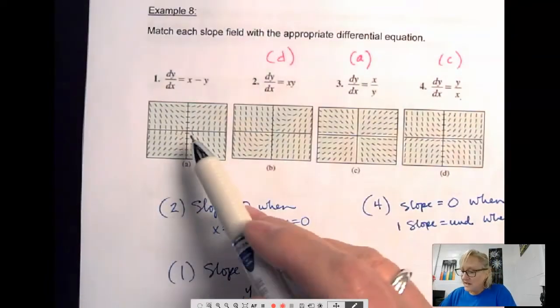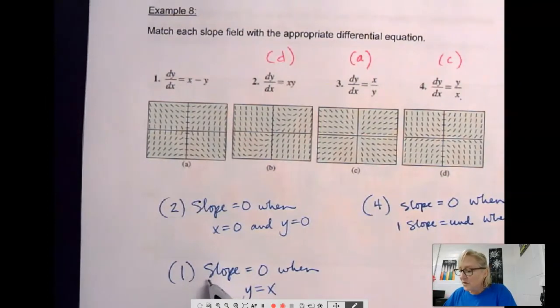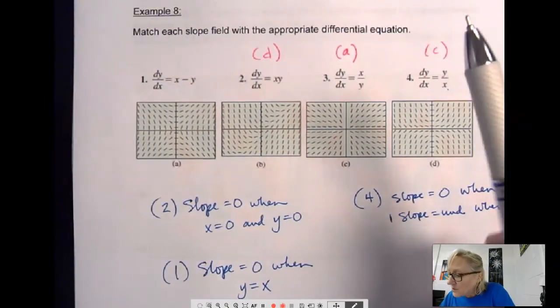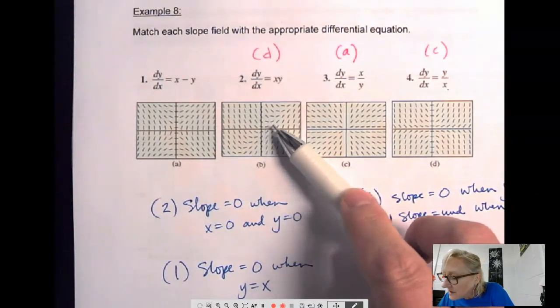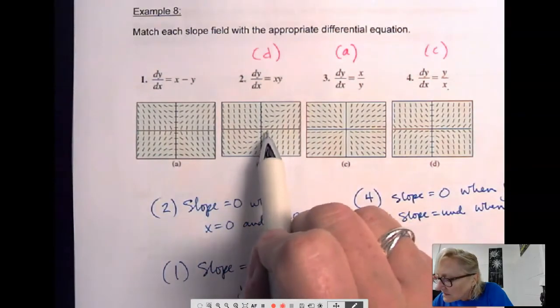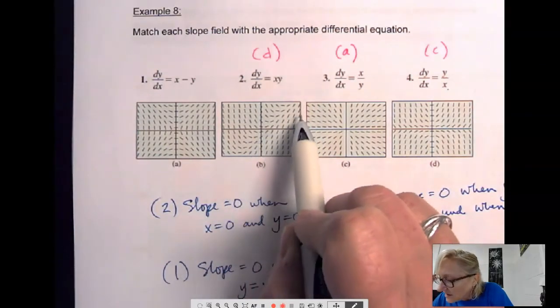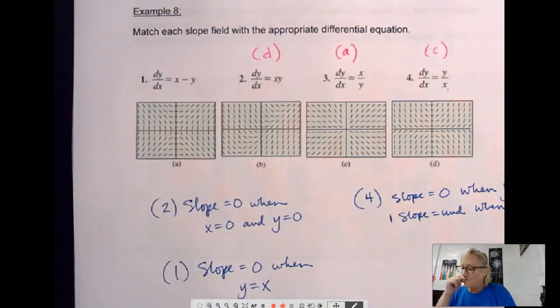So again, that was that horizontal line, y equals x, and a slope of 0 would be horizontal. So, which one are we missing? B. So if I go along this horizontal line, do I see little slopes of 0? I don't know that I do. Okay, let's try something else.